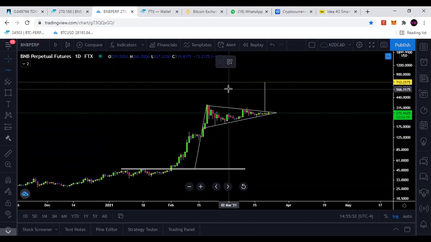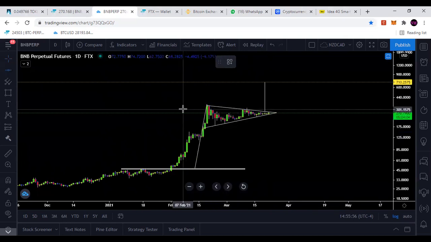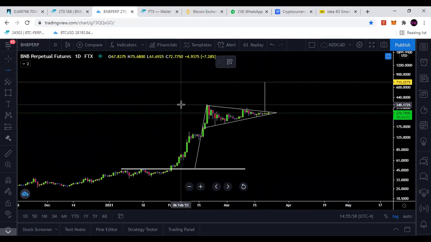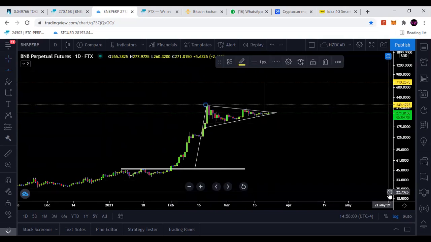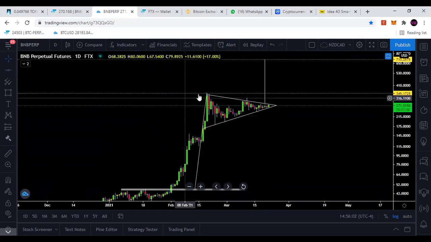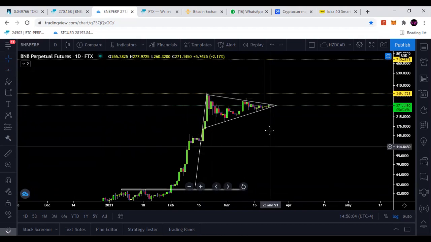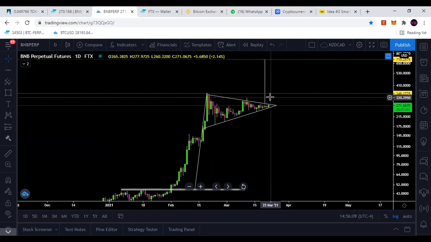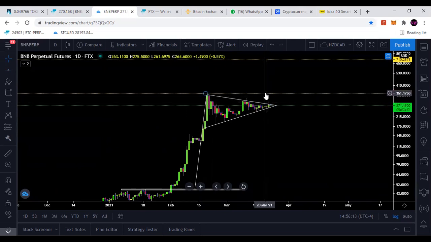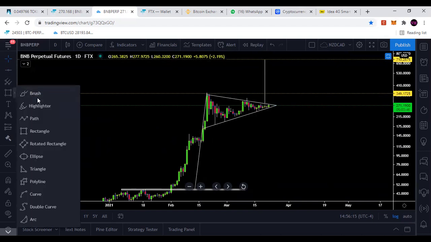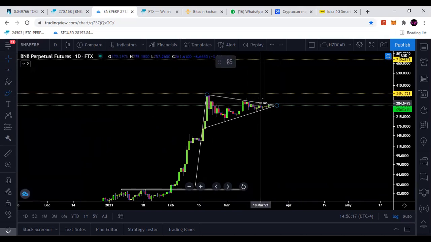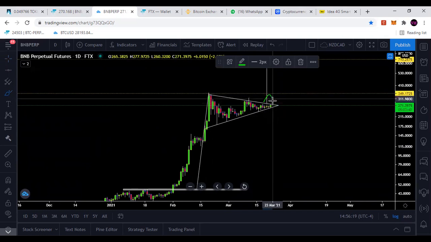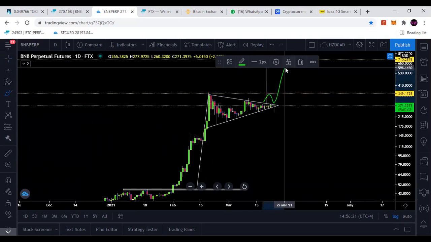The most important part of this take profit level is the current all-time high, which we're having here. Most times when price breaks out from this pennant flag pattern and gets to this level, it does something like this: breakout, gets to this level, retests, and continues.